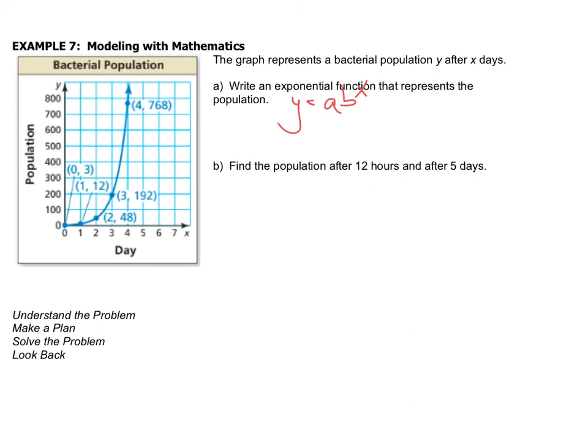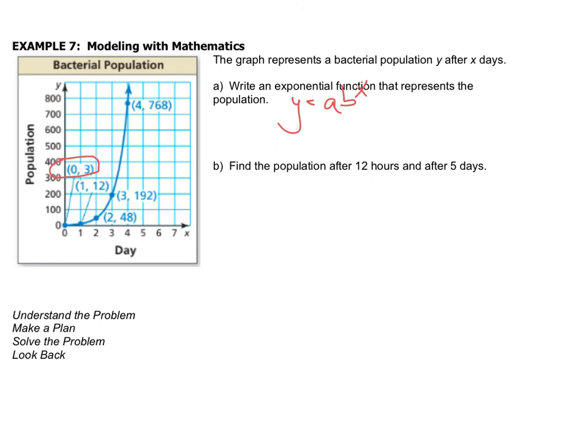So let's talk about what these a's and b's are. So basically, A is telling us our y-intercept. It's basically going to tell us where we would be crossing. And if you think about it, in this graph, we are crossing at 0, 3, right there. Now, looking at the graph, you'd say, no, it's crossing at 0, 0.